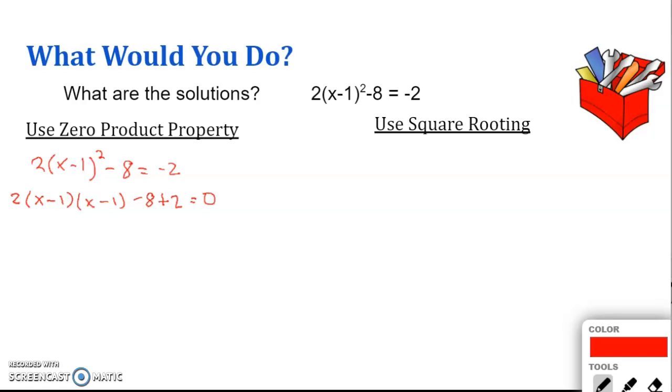Now let's expand this by using FOIL. I am going to leave my 2 here. x times x is x squared, minus x is negative 2x, negative 1 times negative 1 is positive 1, minus 8 plus 2 is negative 6, equal to 0.